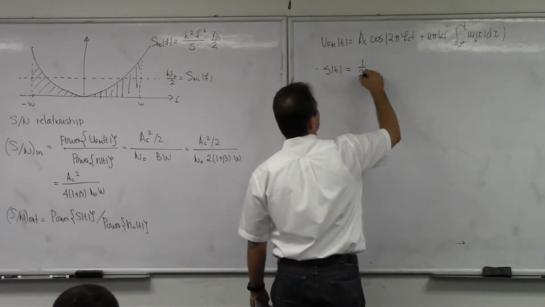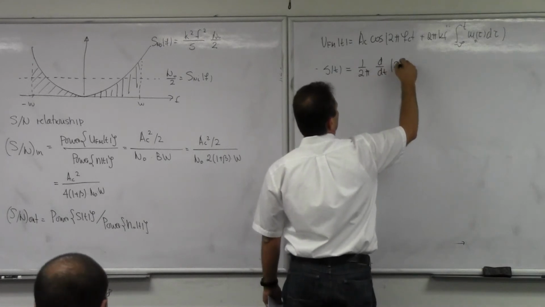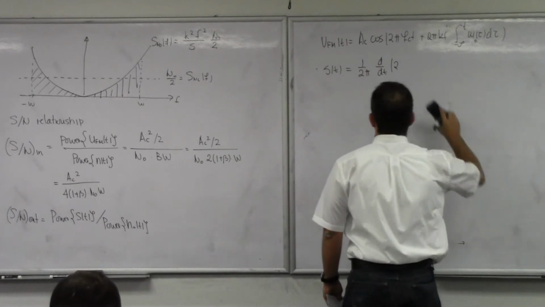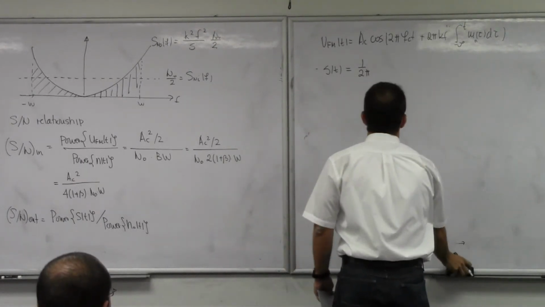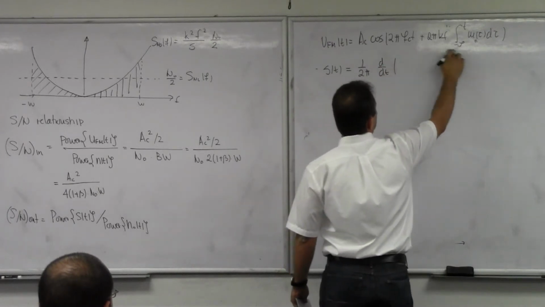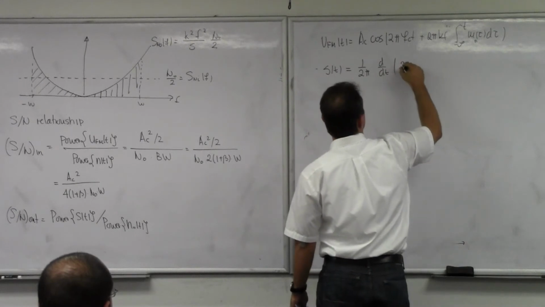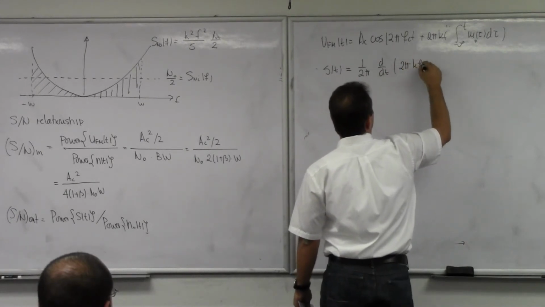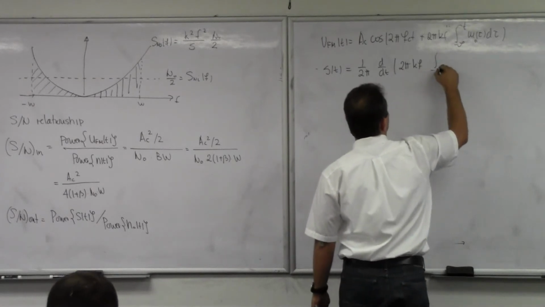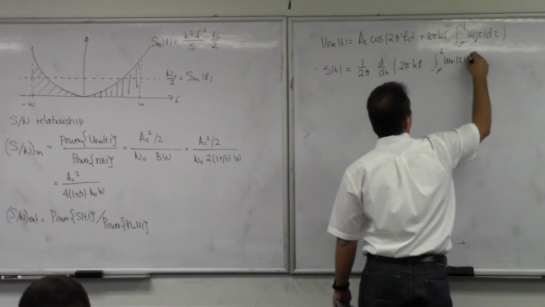So it's going to be 1 over 2 pi derivative with respect to t of the DC component, right? So let me just do this. It's just going to be 1 over 2 pi derivative with respect to t of this piece, because this one will give me DC that will be eliminated anyway. So it's 2 pi kf times the integral from minus infinity to t of normalized m(tau).